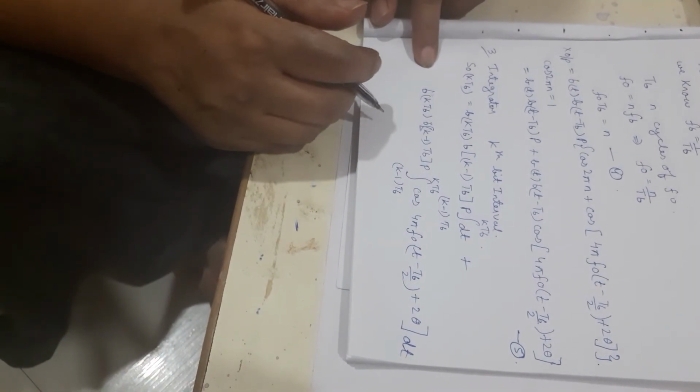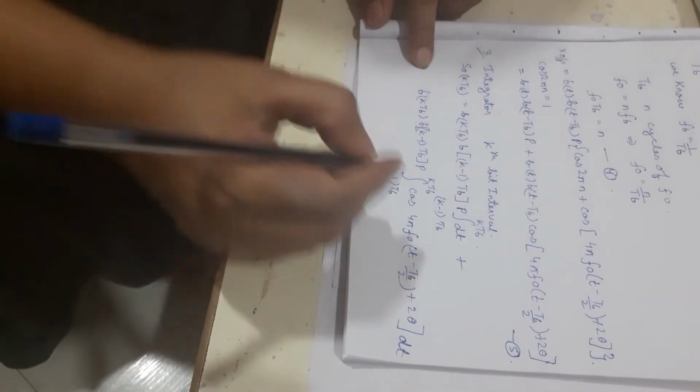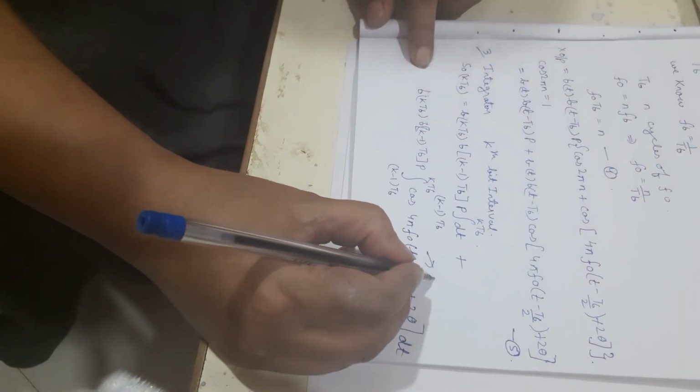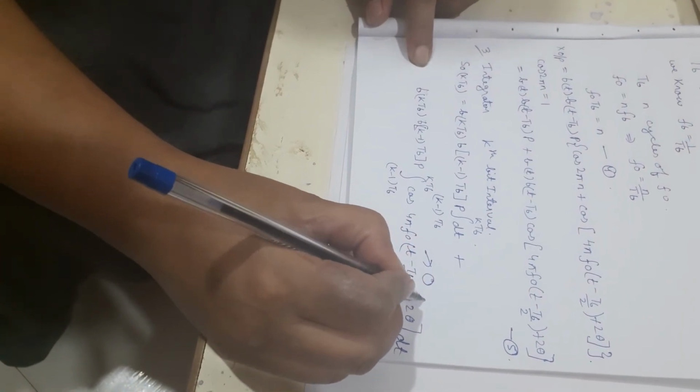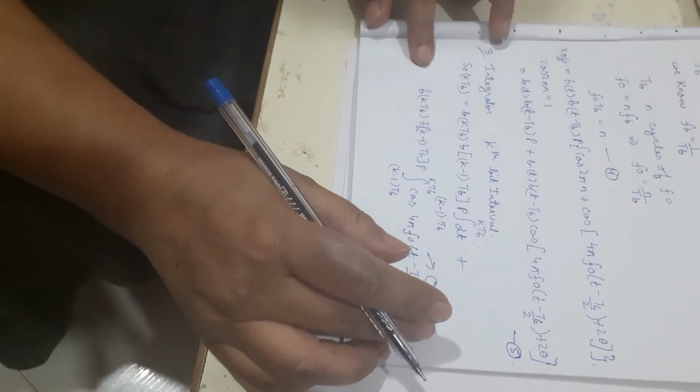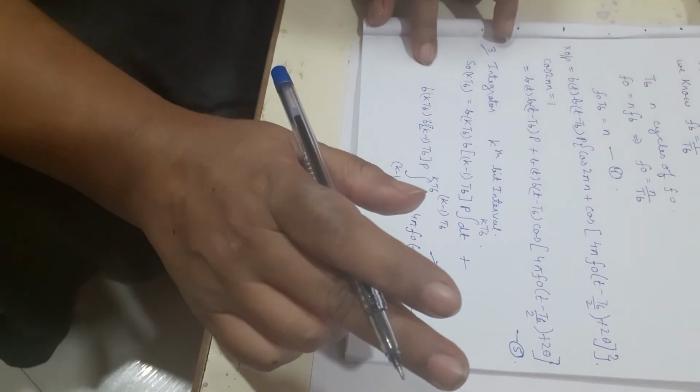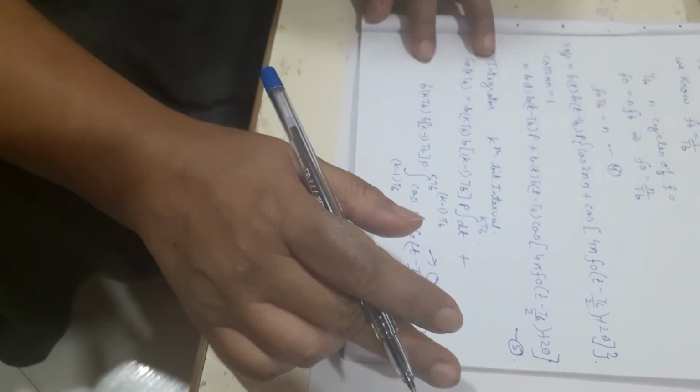The second integration term will be 0, since the integration of a sinusoid over one bit duration is always 0.